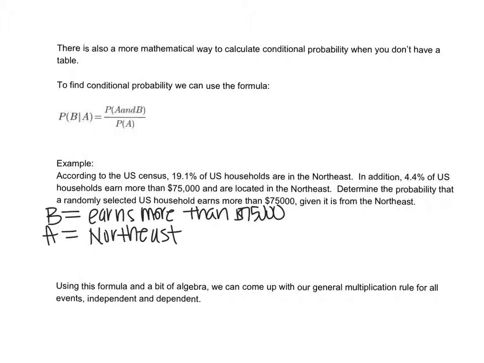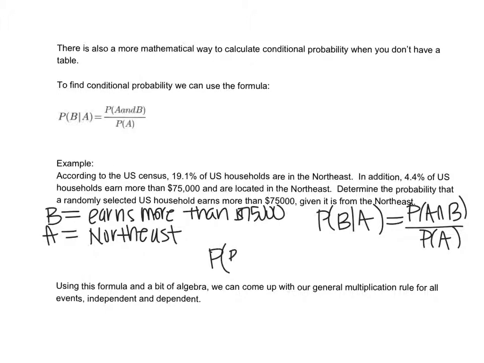The probability of B given A is found by taking the probability of A and B divided by the probability of A. The probability of A and B is 4.4%, which as a decimal is 0.044, and the probability of a household being in the Northeast is 19.1%, which is 0.191.